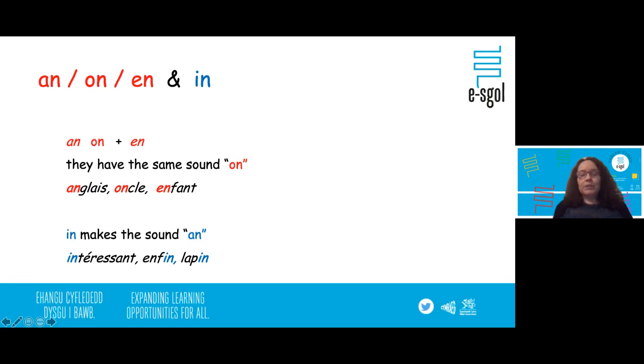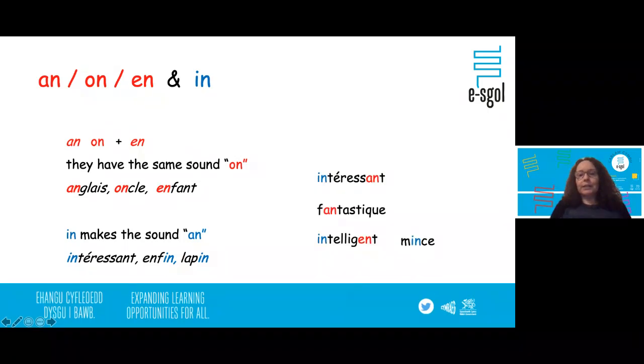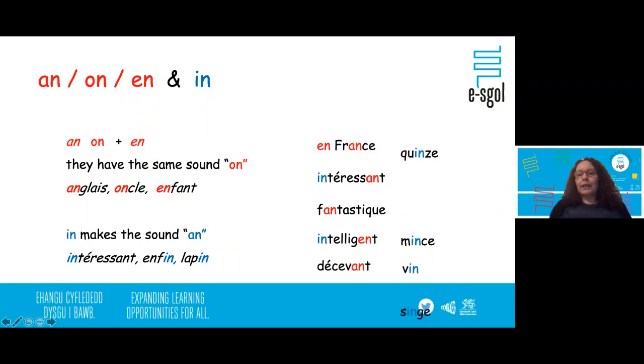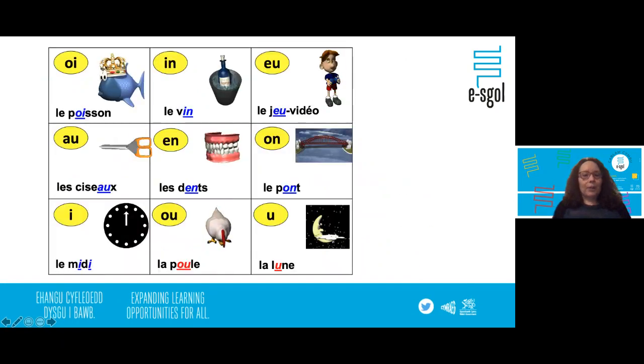So it's very tempting to say in, but it's not in, it's un. Intéressant, mince, fantastique, intelligent, en France, 20, décevant, 15, singe, cousin, etc.